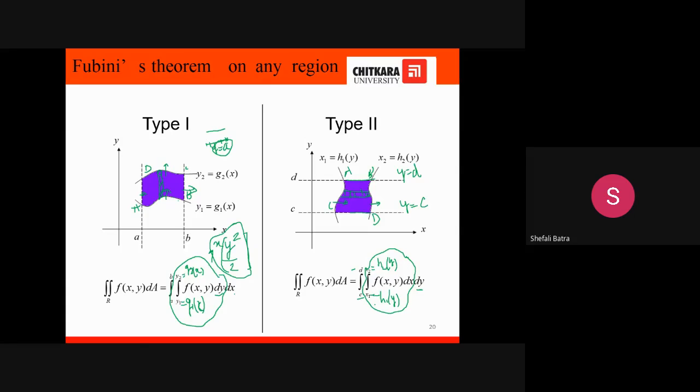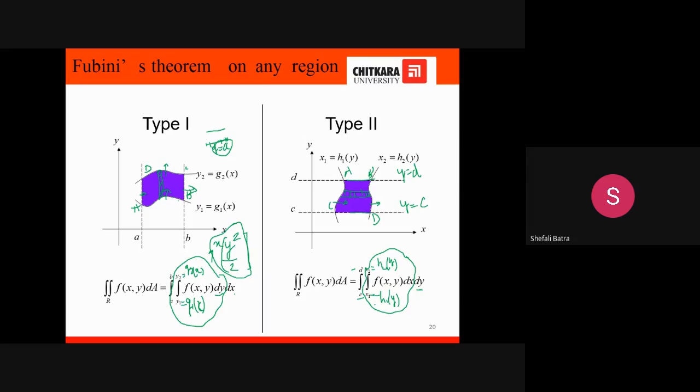But if you are making a vertical strip, it means you are writing the limits of y. Vertical strip means a strip parallel to the y-axis. You are integrating first with respect to y, but the limit should be in terms of x. The limit of y in terms of x, the limit of x in terms of y. If you are writing dy, it means you are making a vertical strip. If you are writing dx, it means you are making a horizontal strip.